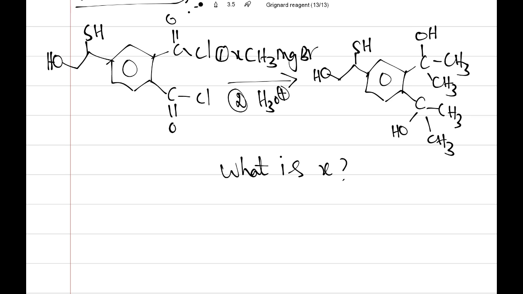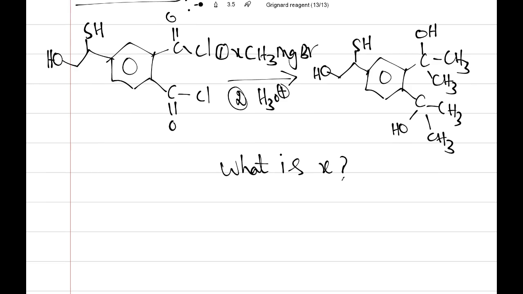That is nothing but how many moles of Grignard reagent are used in this reaction. By seeing this question, many students will write only 4 moles of Grignard reagent, but it is wrong. Why? Because as we discussed earlier, Grignard reagent first acts as a base, and only after that as a nucleophile.